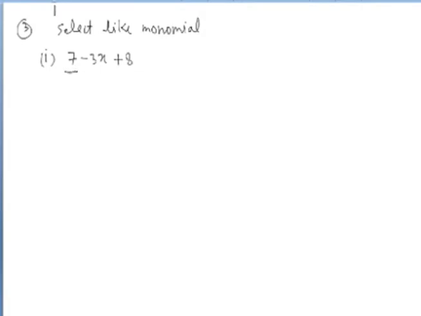So here 7 and 8 are the like terms, because the degree of these terms is 0 in both. So like terms are 7 and 8. Okay, and question number 2, a plus b plus 2a minus c. So here like terms are a and 2a, because the degree of a is 1 in both.